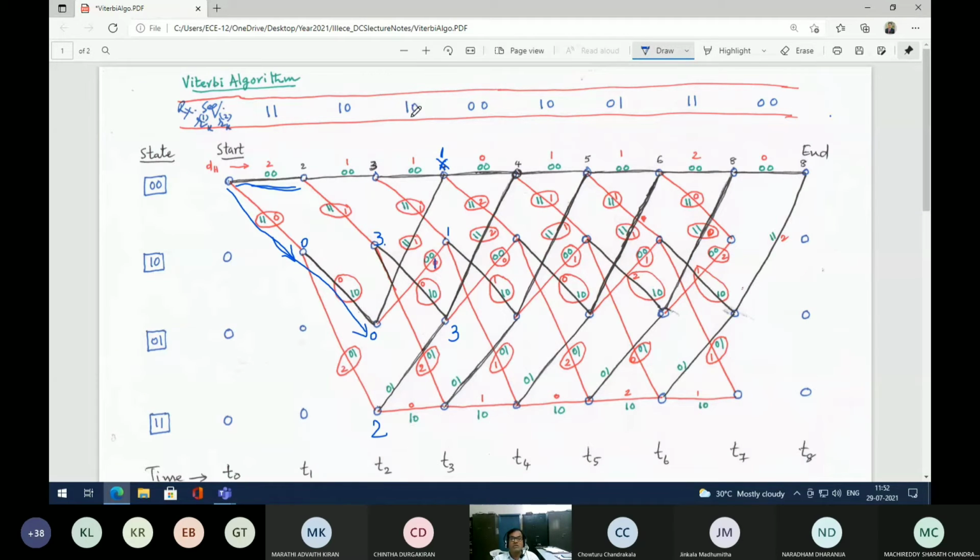Now here, this one you have to take. And this corresponds to 0, 1, 1, 0, 0, 1. So here the Hamming distance is 2. So 2 plus 2 becomes 4 here. So I won't come this way, because if I come this way, it is 3. You understand? So indicate the minimum Hamming distance at every node.